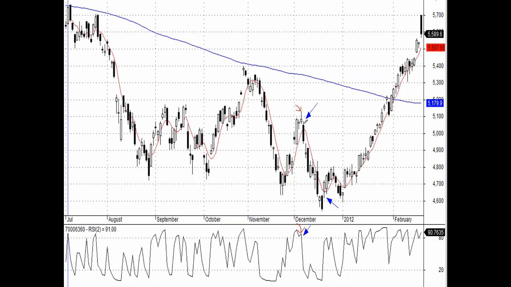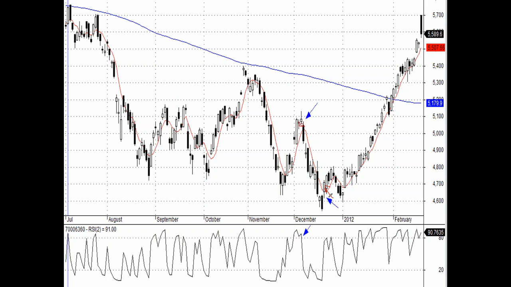On the next day open, we sell it, and here is our stop loss. The price drifts down, no closure above the 5 SMA, and here the prices close above the 5 SMA. We exit our position. We sell near 5,100.